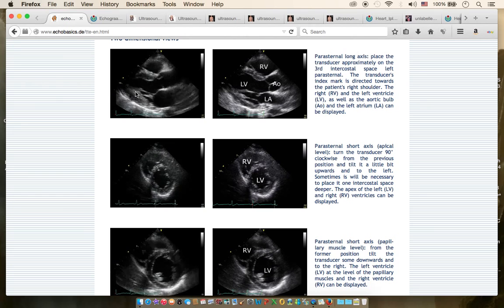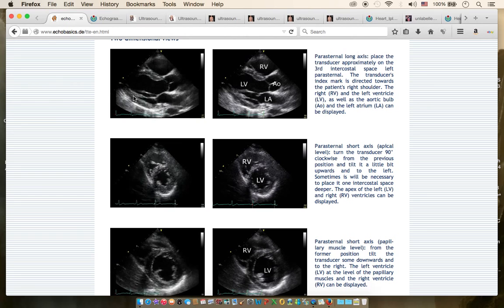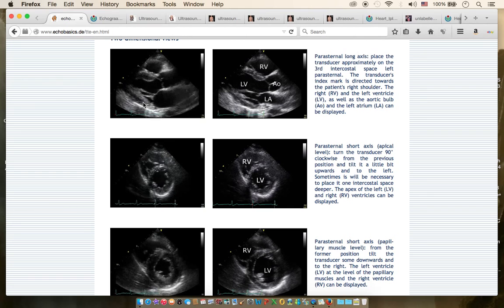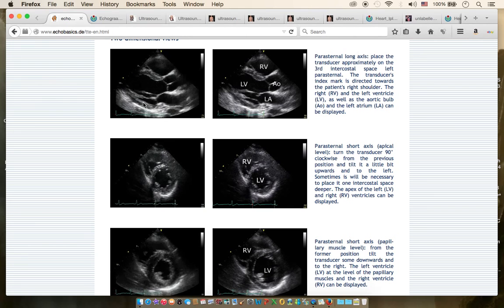As I said, you can assess the left ventricular function: if this muscle is not contracting well, I can say this patient has decreased left ventricular function. Another way around, this patient definitely has a decreased ejection fraction.